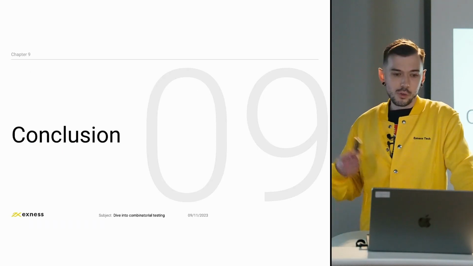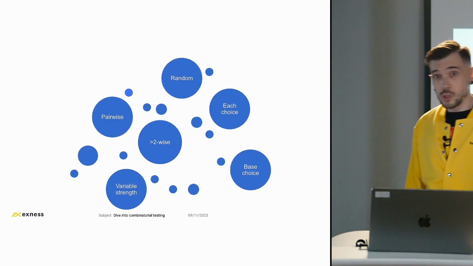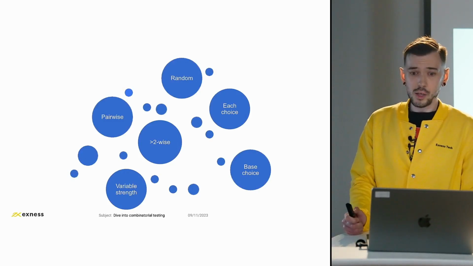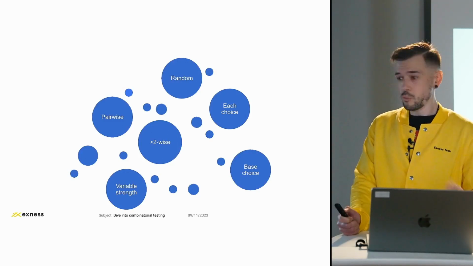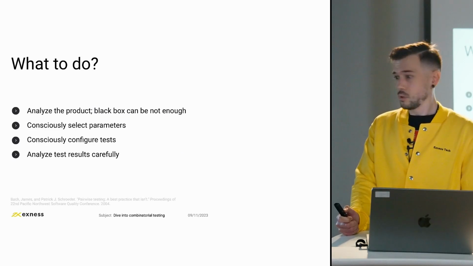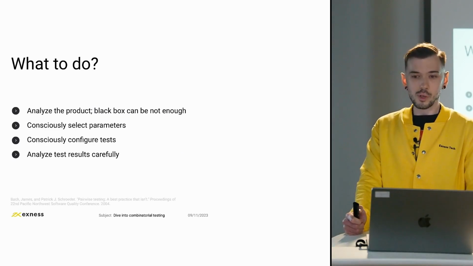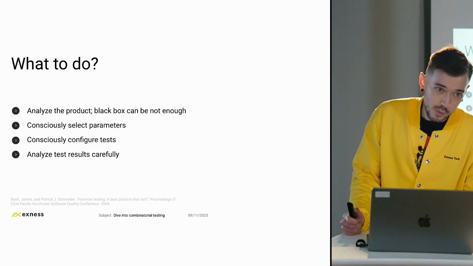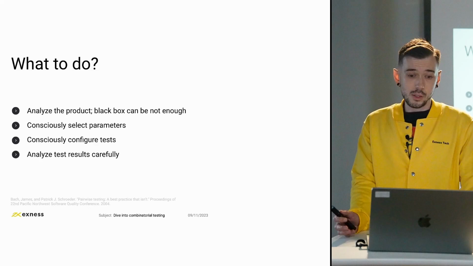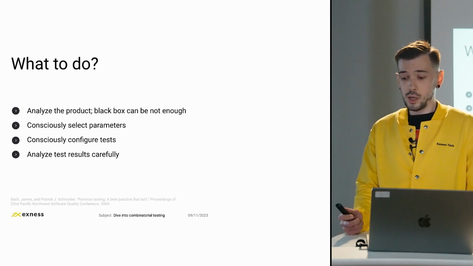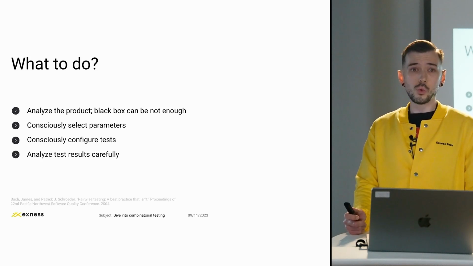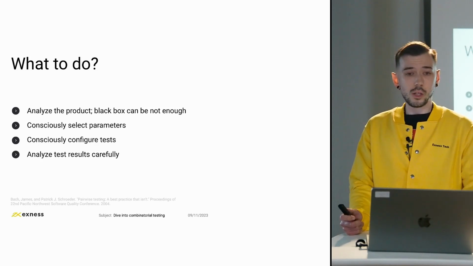Okay, the conclusion. There are a lot of ways you can do this combinatorial testing. I hope I showed you some points of interest. And what to do? As we saw, there are sometimes a lot of interactions happening inside, so you should analyze your product.